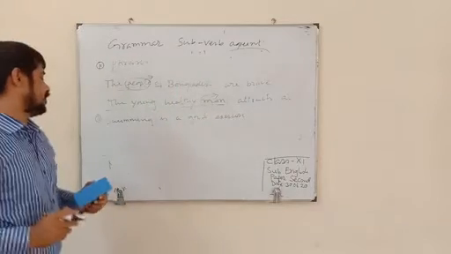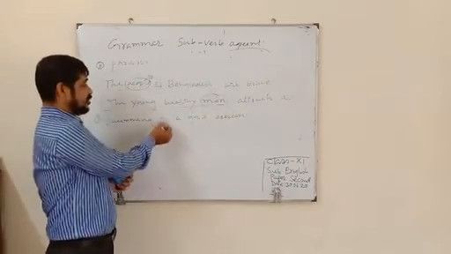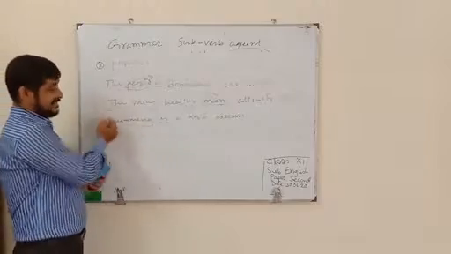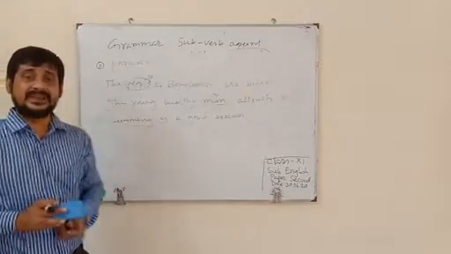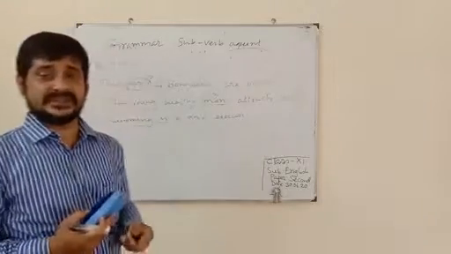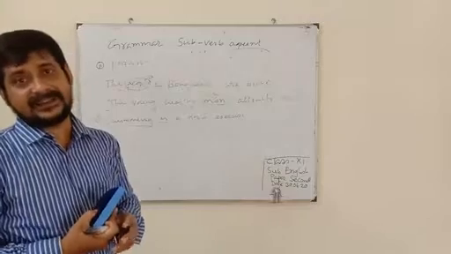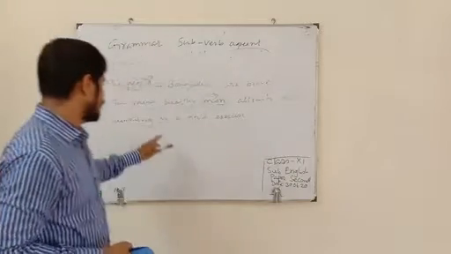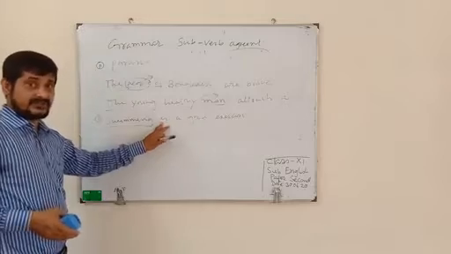Why have we used a singular verb here? Because your subject is a gerund. If your subject is a gerund, the subject will be singular, and that kind of subject will be followed by a singular verb.